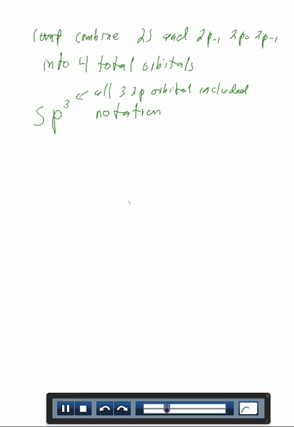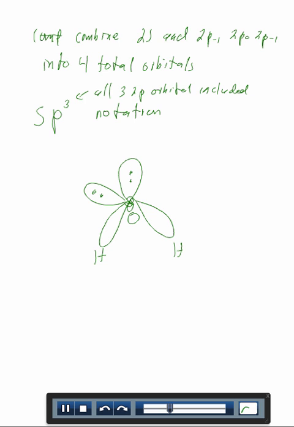These orbitals look something like this. I'm not a very good drawer, but they would point to the vertices of a tetrahedron. We'd have the oxygen atom right in the middle, the hydrogens here, and then the lone pairs in 2 of the orbitals.